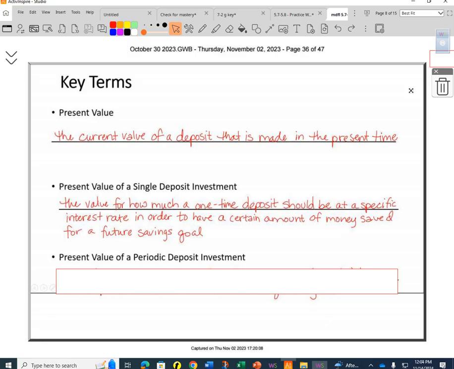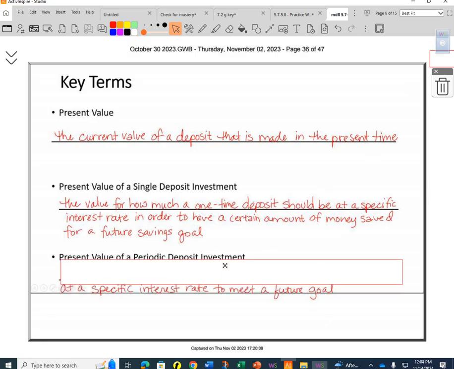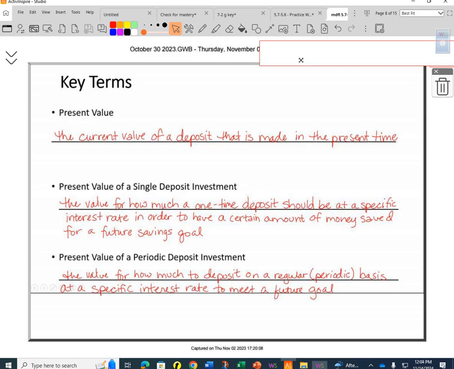So now, if we want to accumulate a specific amount of wealth using an investment, but we want to make regular deposits, that's what this formula is for, and that is the value for how much to deposit on a regular or periodic basis at a specific interest rate to meet a future goal.